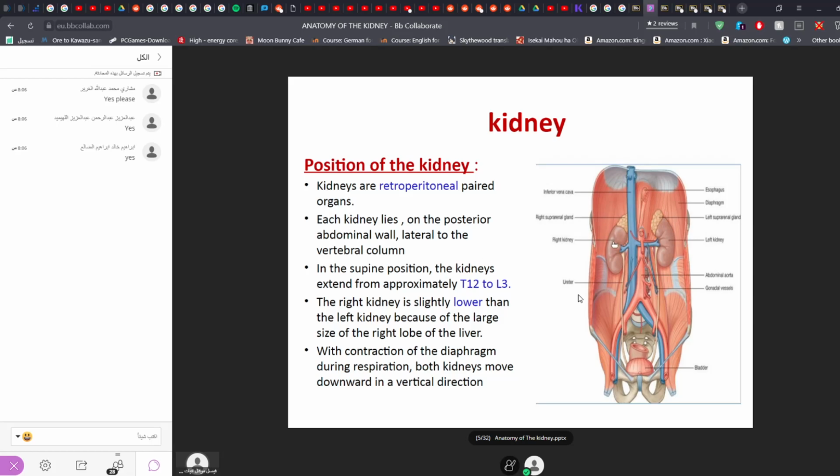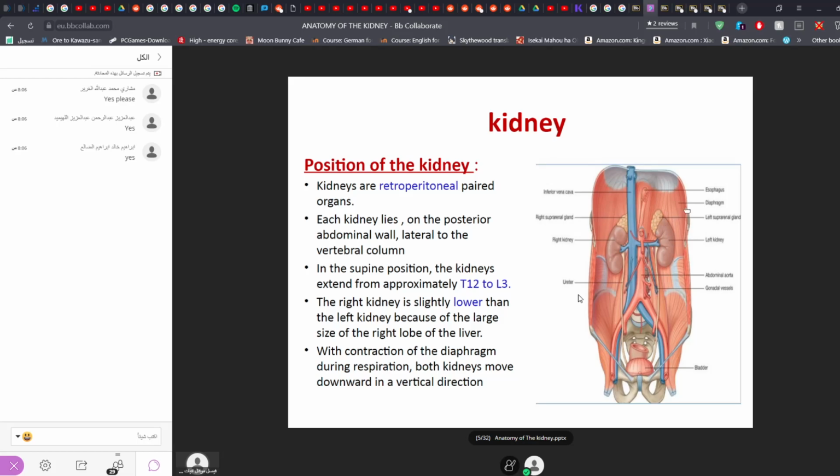As I've told you, the kidneys are lying in the posterior abdominal wall, and they are retroperitoneal structures. I hope you all know what retroperitoneal means: the structures which are behind the peritoneum, or the peritoneum covers only their anterior surface.